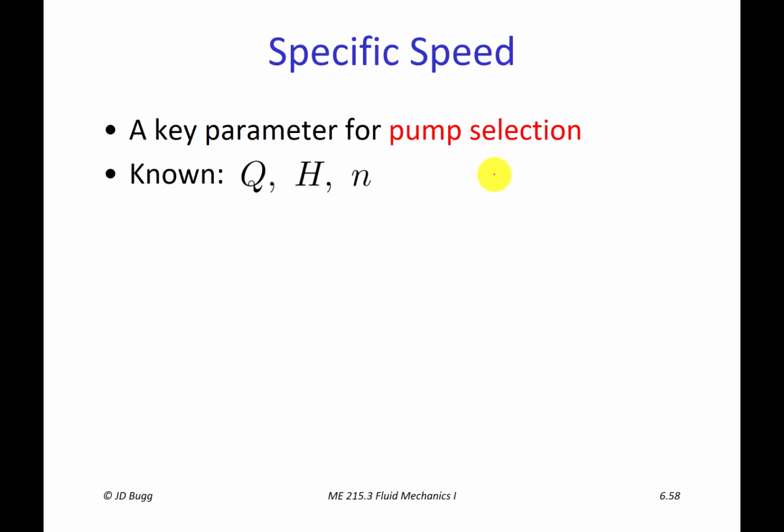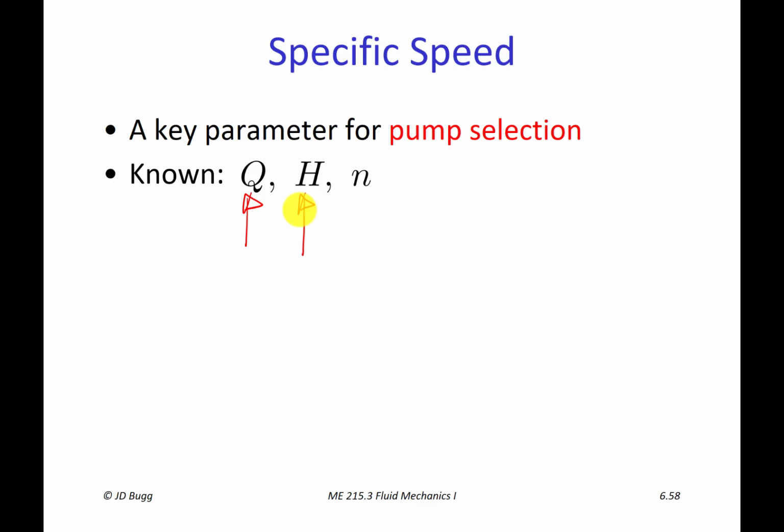So we know our application. Okay, we know we need to provide a particular amount of flow, and we know we need to provide a particular head. So flow is determined by the requirements of our application. Our piping system will tell us how much head we need to provide in order to produce that flow. So we've looked at our application, we've looked at the piping system we're working with.